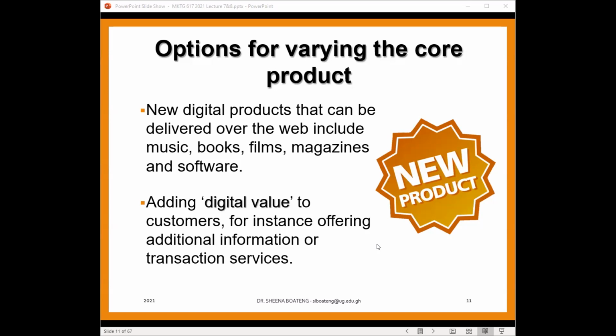We can also talk about adding digital value to customers. For instance, offering additional information or transaction services, like I mentioned in the example of the software. Hitherto, when you buy the software, it comes with a huge book and a CD that tells you how to install the software on your device and how to use it.